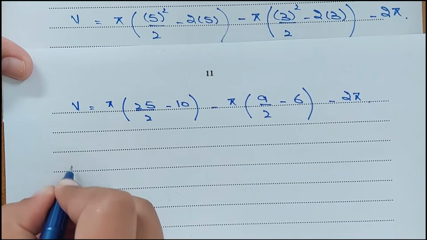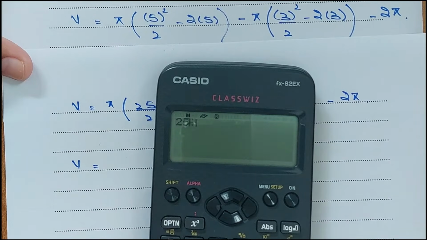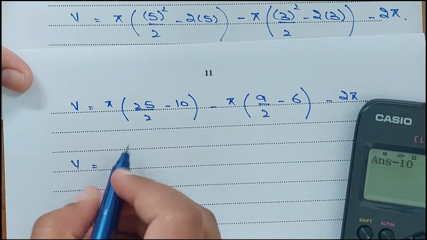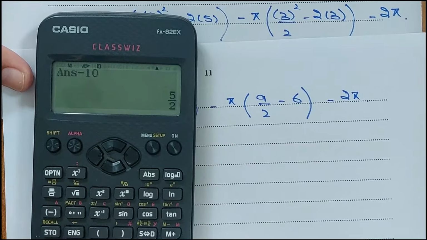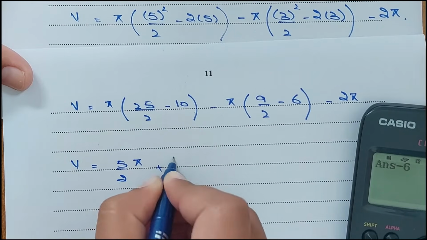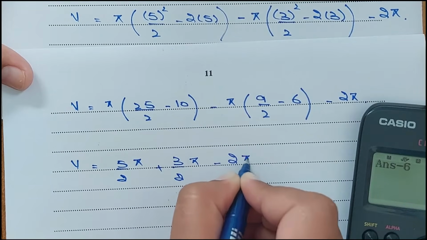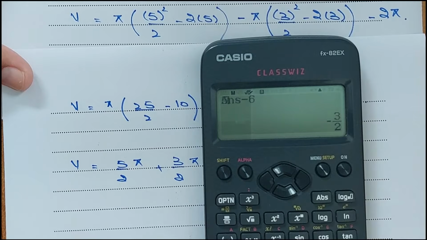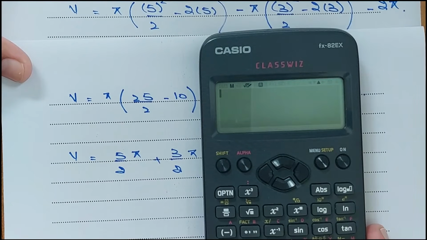Okay, so the volume is going to be, 25 over 2 subtract 10 is 5 by 2 pi, and 9 by 2 minus 6 is minus 3 by 2, and then we have plus 3 by 2 pi, and then minus 2 pi. Okay, so we have 5 by 2 and 3 by 2, which is 5.